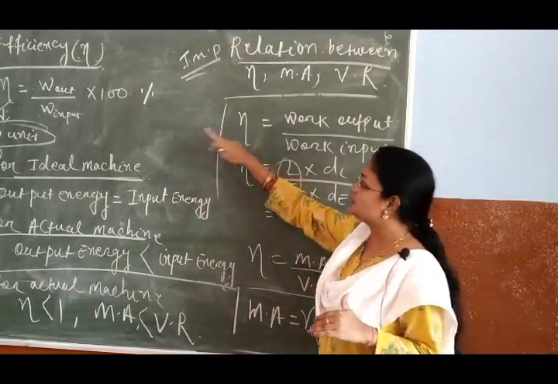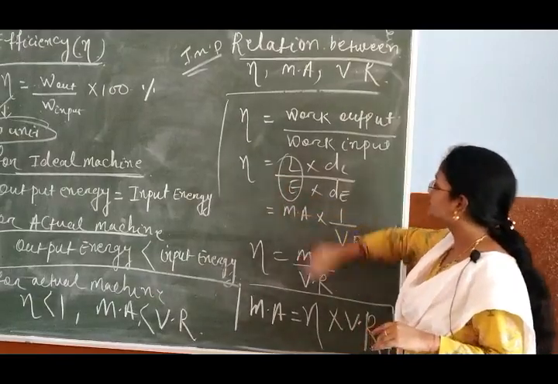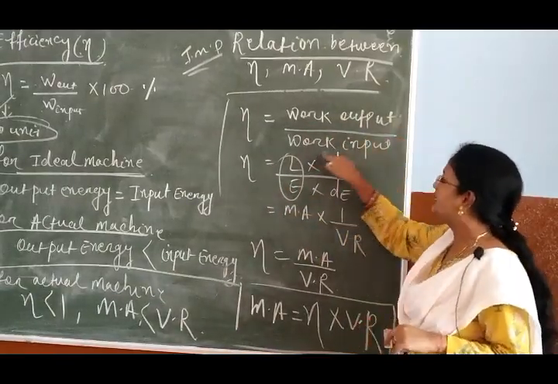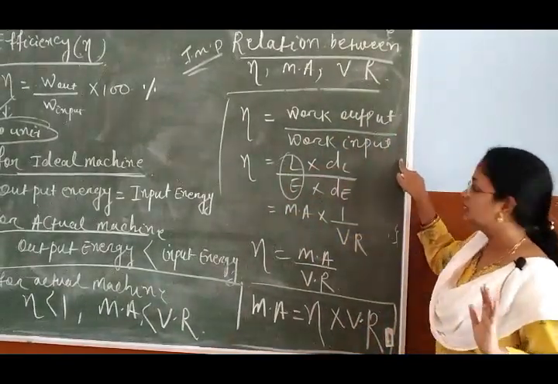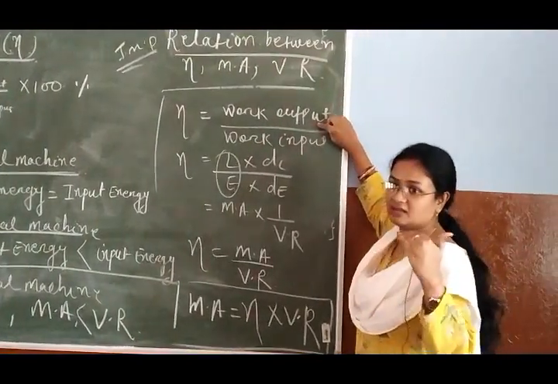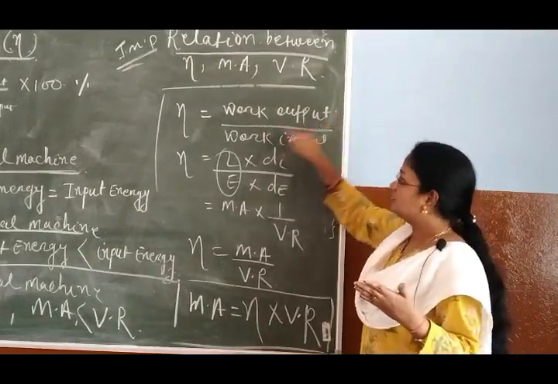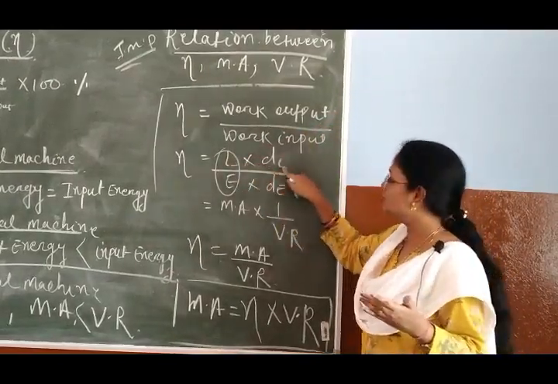And efficiency is output work by input work. I have already told that work output means work done on the load, so load into distance moved by the load.